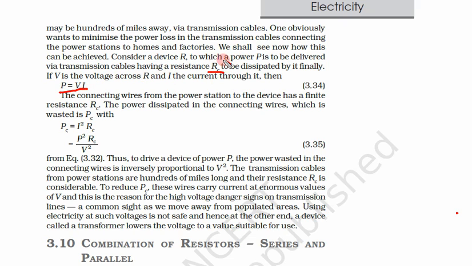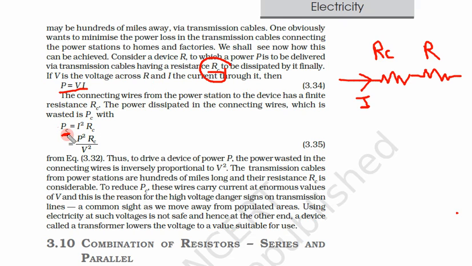Previously we were thinking the resistance of the wire was 0, but it is not 0. So in that case, this wire has resistance RC and R is your device resistance, both are in series. So the same current I is flowing in both of them. So power consumed in your device is V into I.